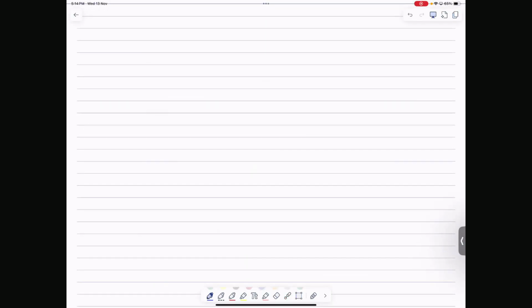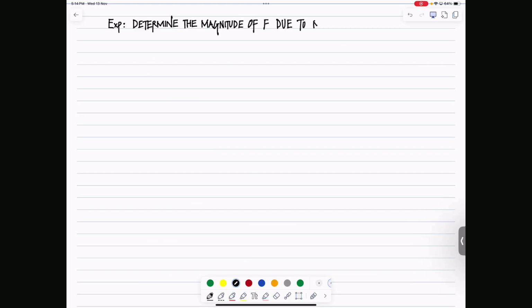So what is the experiment called? The experiment is to determine the magnitude of F. Right, so this is the experiment. Pay attention: determine the magnitude of F due to motor effect.